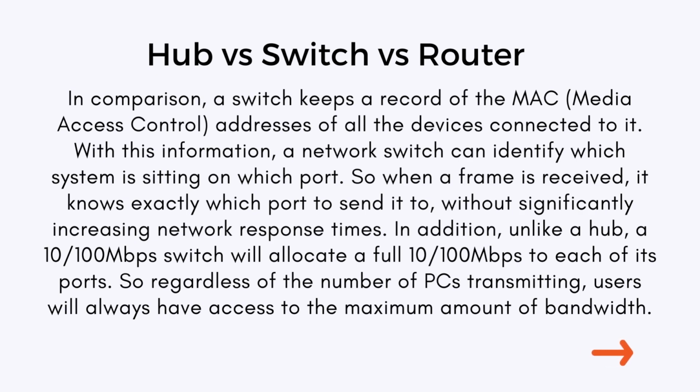In addition, unlike a hub, a 10/100 megabits per second switch will allocate a full 10/100 Mbps to each of its ports. So regardless of the number of PCs transmitting, users will always have access to the maximum amount of bandwidth.